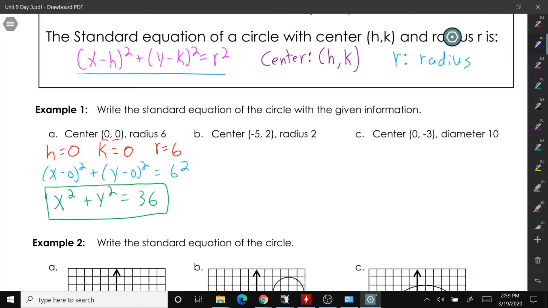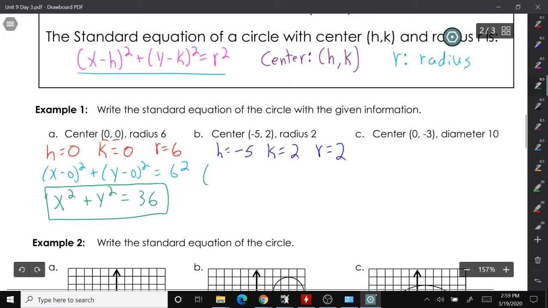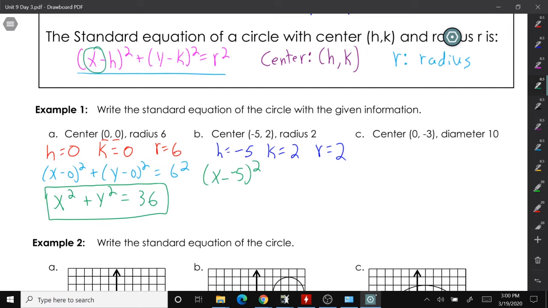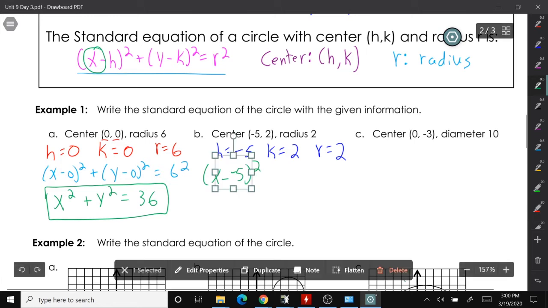Now B, center is at negative 5, 2. So h is negative 5, k is positive 2, and r is also positive 2. So then we do x minus h. Well, it's going to be negative 5. So the x minus part comes from the formula, and then the minus 5 comes from the h value.